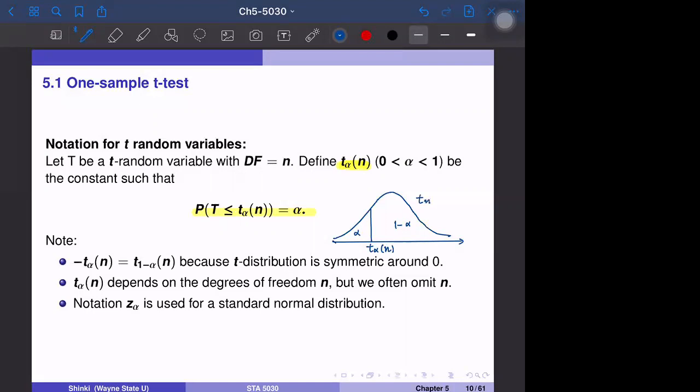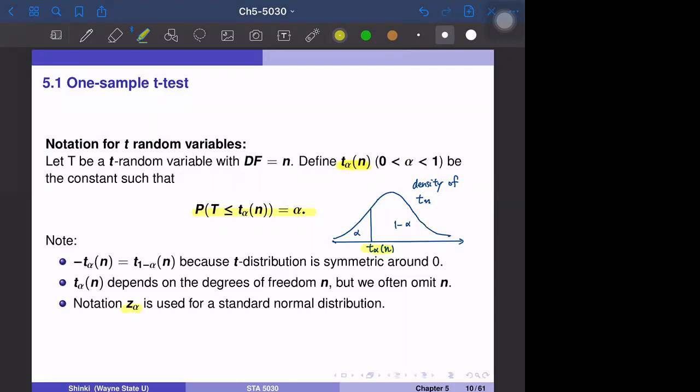This is the density of T n. So this is the definition of t sub alpha of n. And we define this for the normal distribution also, and we write this as z sub alpha. You can see that this notation is useful to describe the t-test in general.